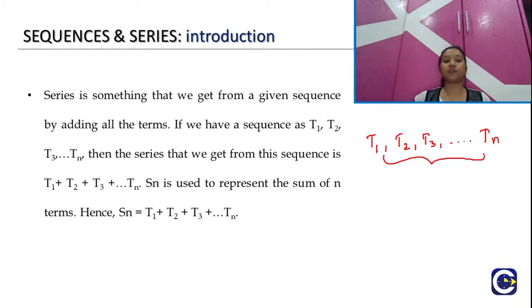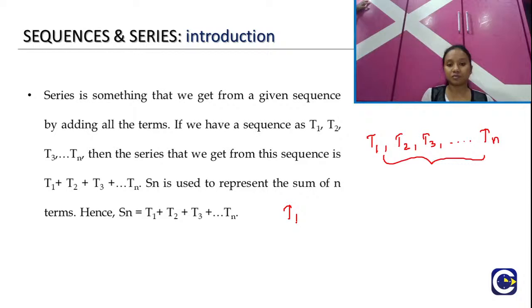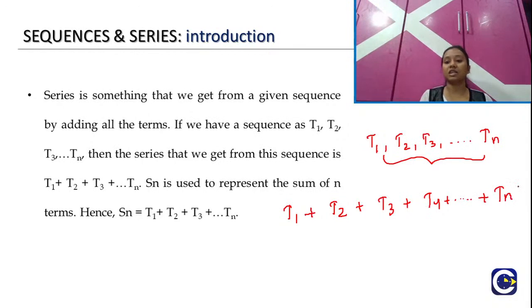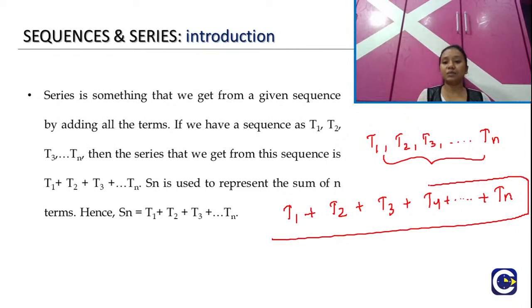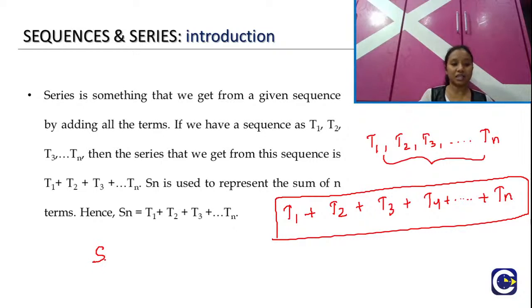But here we have to find the series. Series is nothing but simply the sum of all the terms which are present in the sequence. That means T1 plus T2 plus T3 plus T4 plus and so on until the last term, that is Tn here. Right, and this series will be represented by Sn.